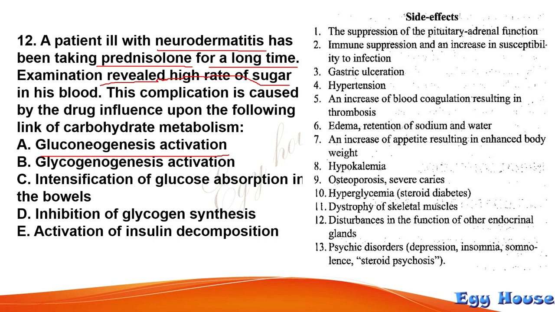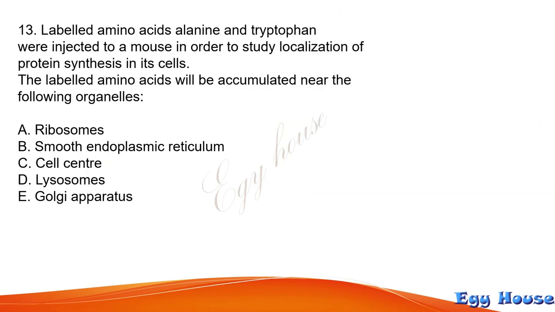For prednisolone, this is its main side effects, as you can see here: hyperglycemia, immune suppression, as the case that we used it for. Gluconeogenesis is the production of carbohydrates from lipids and proteins, from a substance that is not a carbohydrate. It's in the liver.